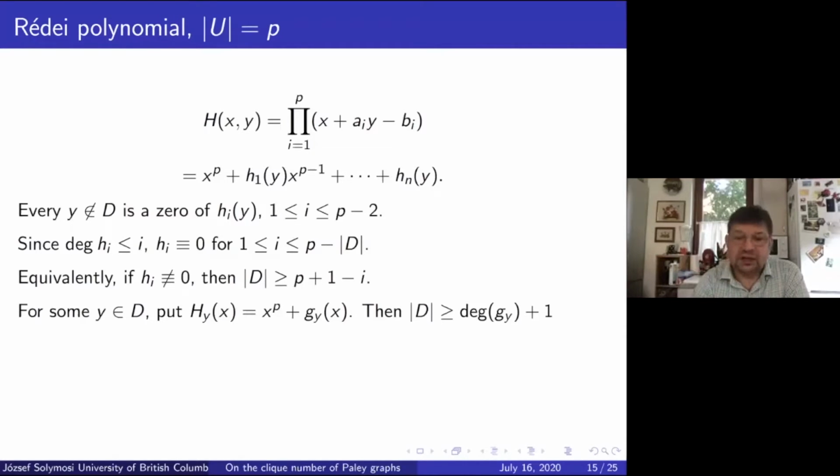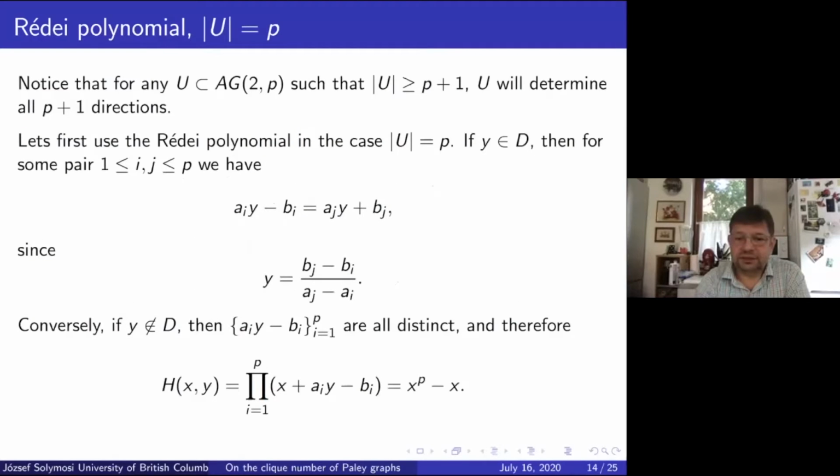We know that the number of directions which are defined is at least p plus 1 minus i. Again, for every y which is not in your direction, the corresponding hi's will be 0, but the very last one, because of this one down there, the last row, you see.